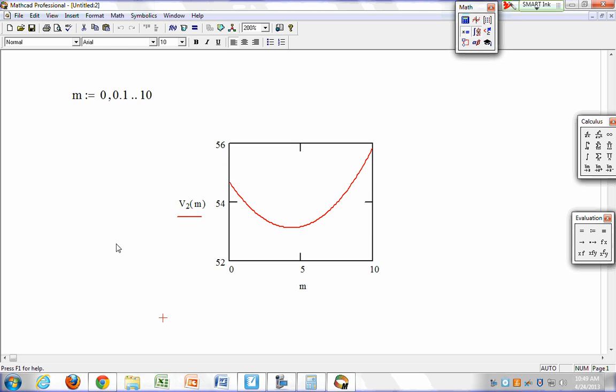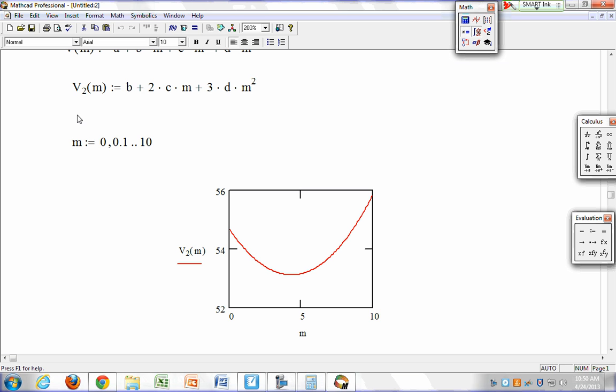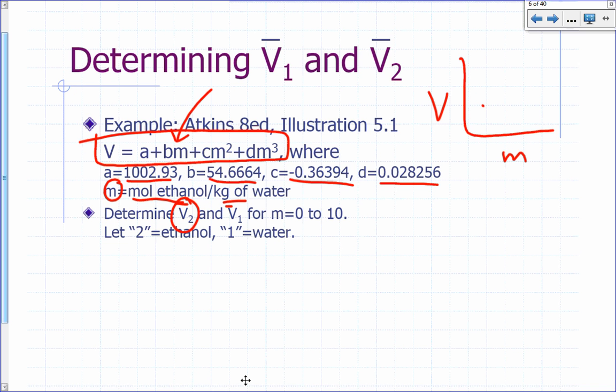Okay, how do I get the partial molar volume of water? V1 of M, which is V of M minus, what was our equation? V equals N1 V1 bar plus N2 V2 bar.